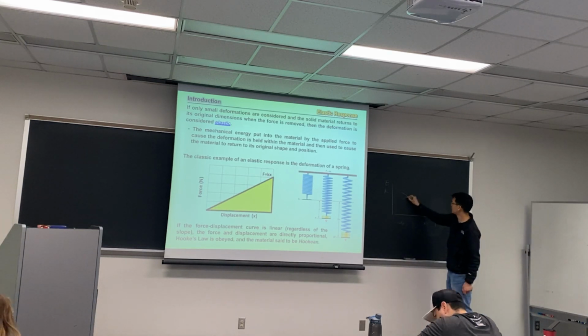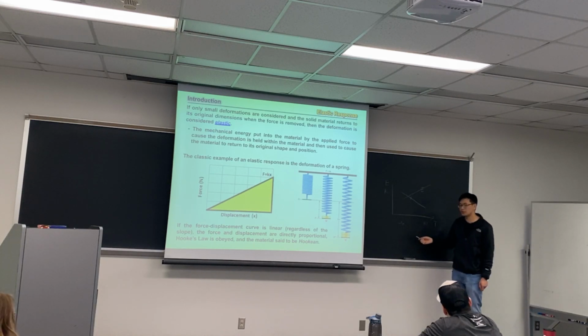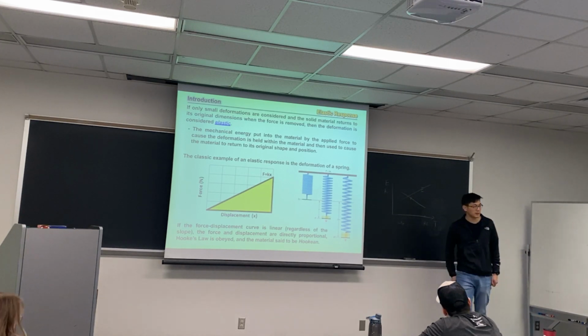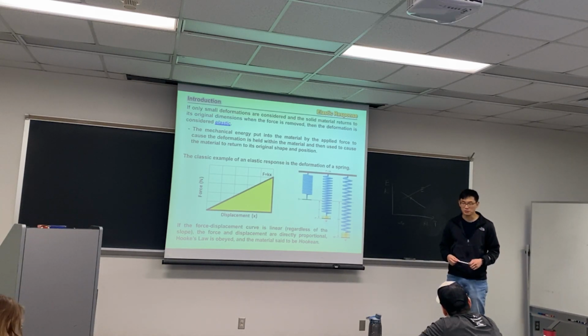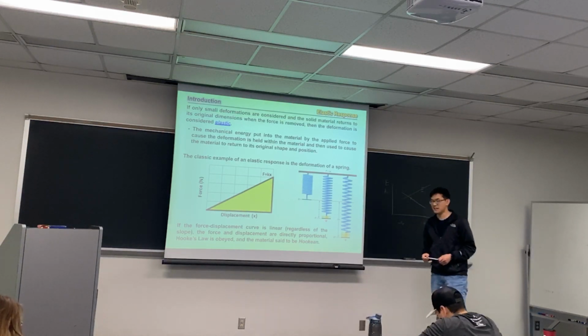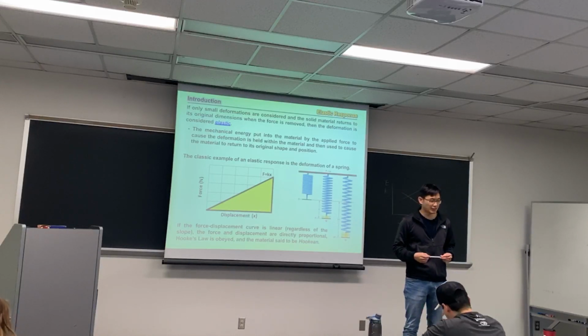The polymer takes a totally different trend. The polymer's modulus will go up with the temperature. So your modulus will depend on the temperature and will be very different. It's quite a contrast between these two. We will explain the mechanism in the next class and explain why they behave that way.